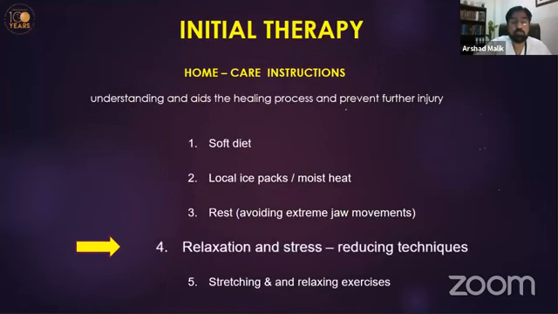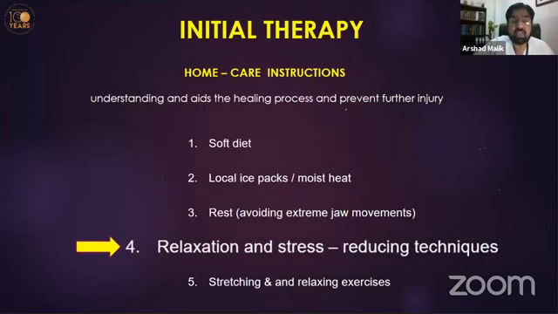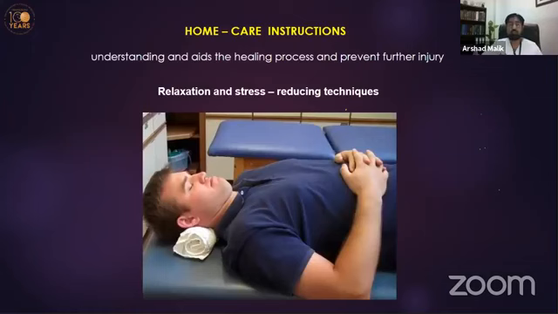Now for that purpose you need relaxation and stress reducing techniques. This relaxation is like this. You place a very comfortable pillow beneath your neck, supporting the external occipital protuberance and supporting the sternocleidomastoid muscle on both sides.